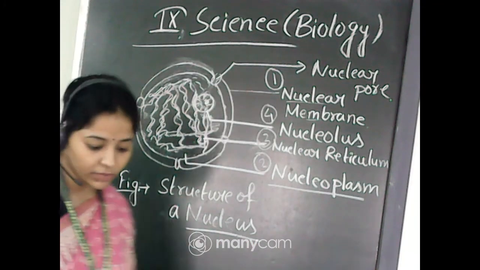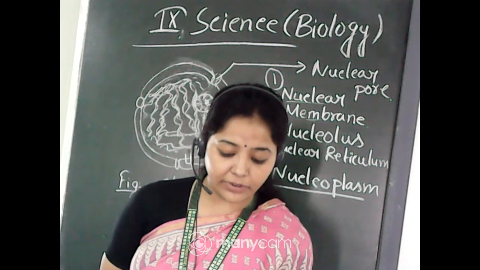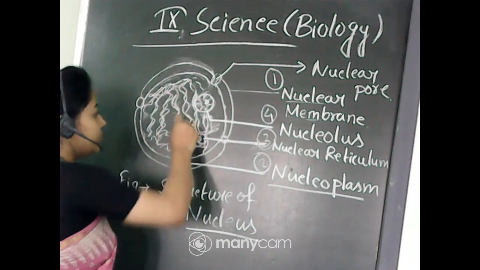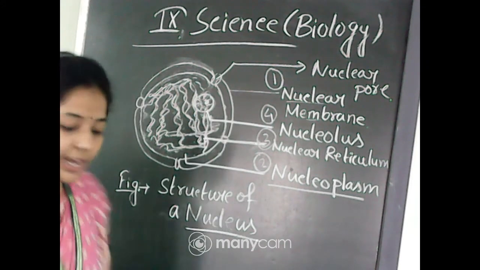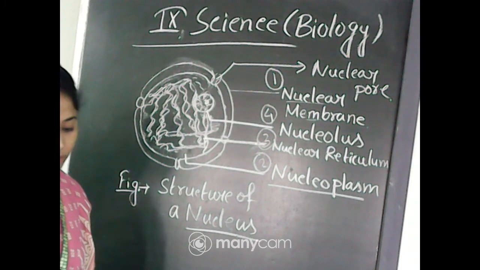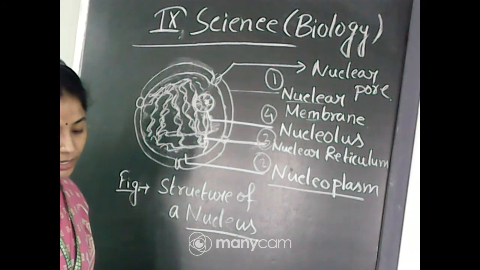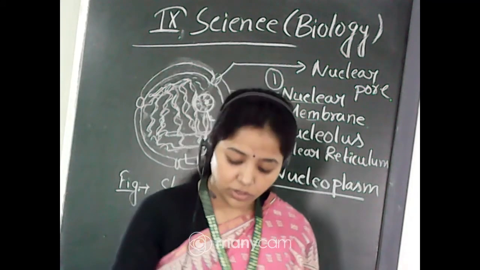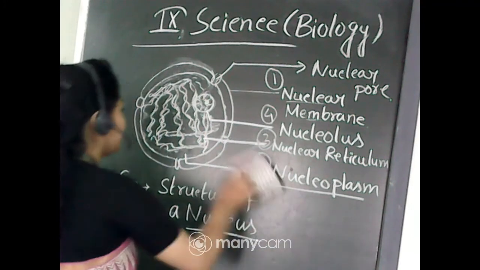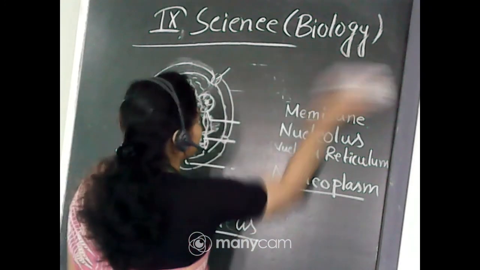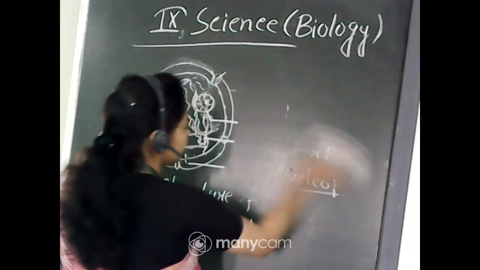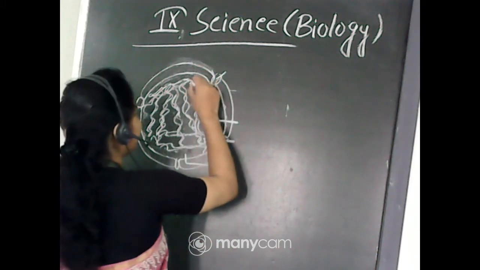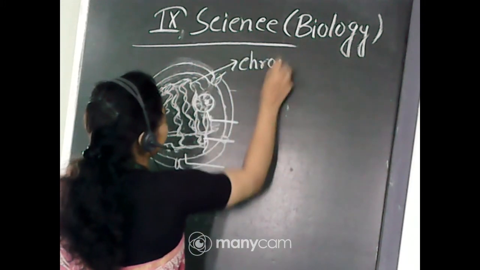From here you can see chromatin material, that is visible as an entangled mass of thread-like structure. When the cell is about to divide, the chromatin material gets organized into chromosomes. Now I am rubbing this portion. I have to show the picture. As you have seen, these are chromatin material or nuclear reticulum.